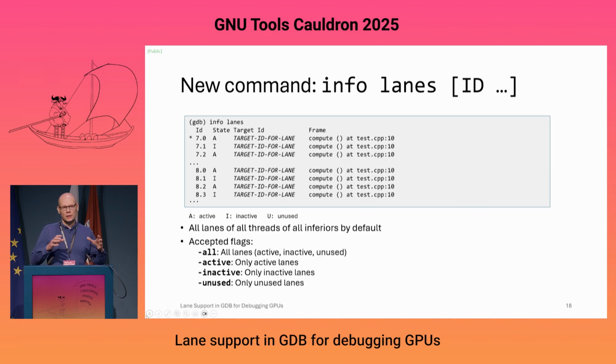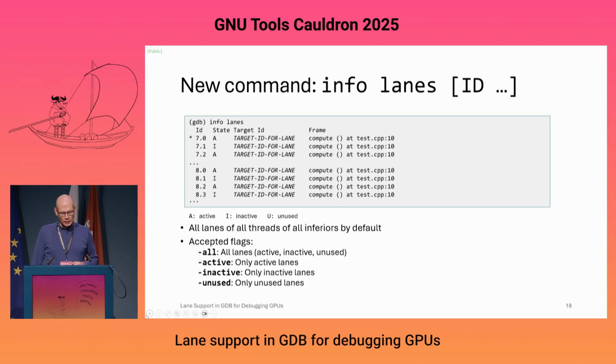Unused means some lanes of a thread may be deactivated from the beginning when the thread is dispatched, because the program space is not so divisible by the distribution to the thread lane width, and then some lanes may remain unused, for instance.